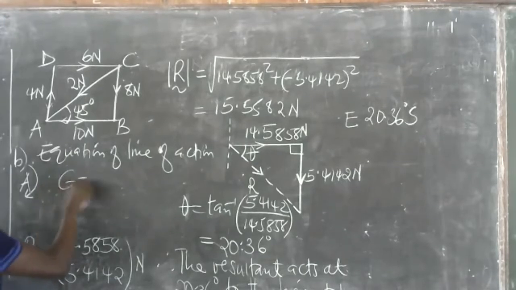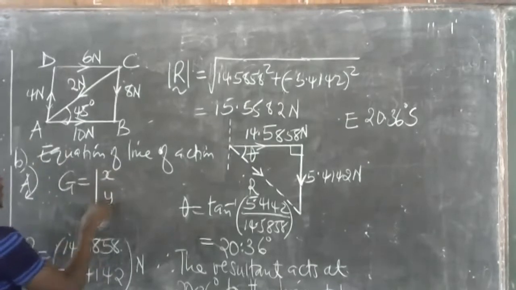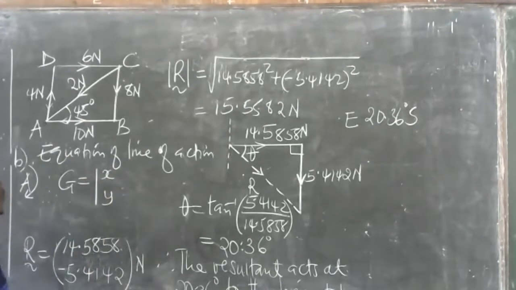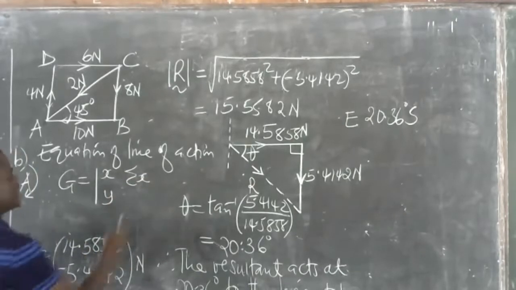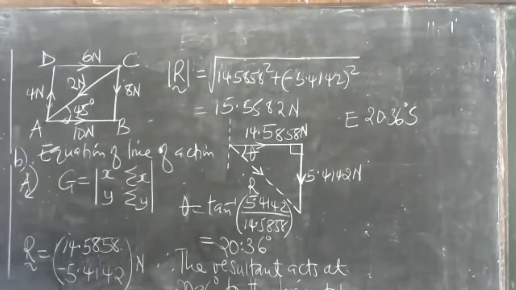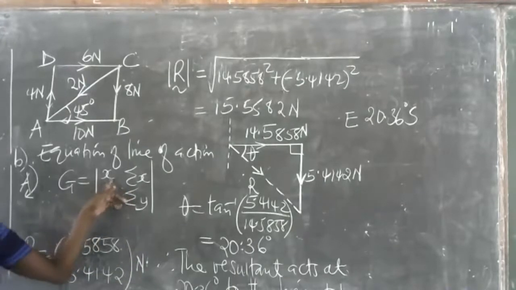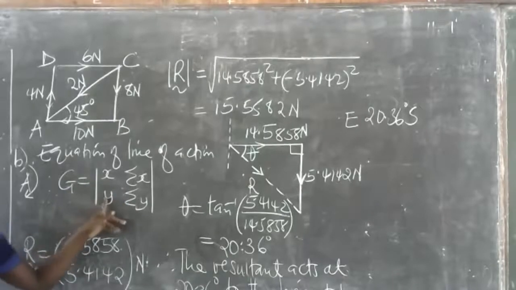the equation of line of action will be given by the determinant of the x, y, and then the sum of forces, summation x, and the sum of forces along the y-axis. So it can be given by this, you know, any straight line should have x and y variables.